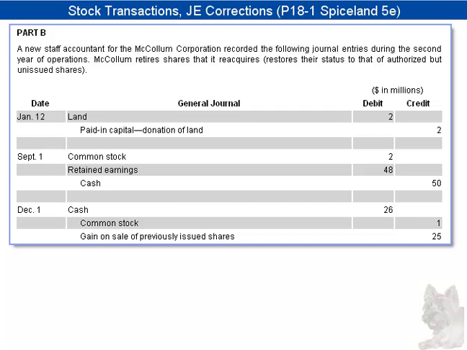On September 1st there was a debit of common stock of 2 million, a debit to retained earnings of 40 million, and a credit of cash of 50 million. And on December 1st an increase in cash of 26 million, a credit to common stock of 1 million, and a gain on previous sale of previously issued shares of 25 million.